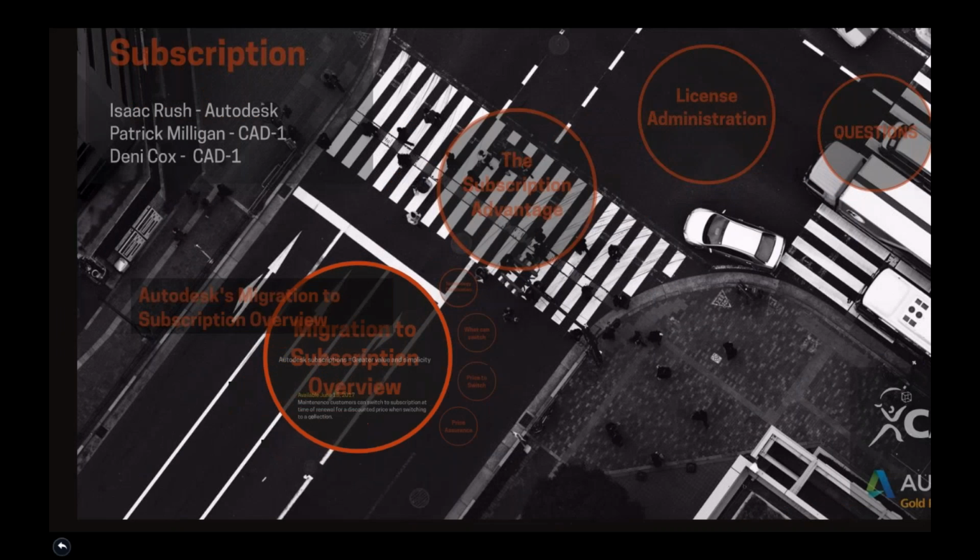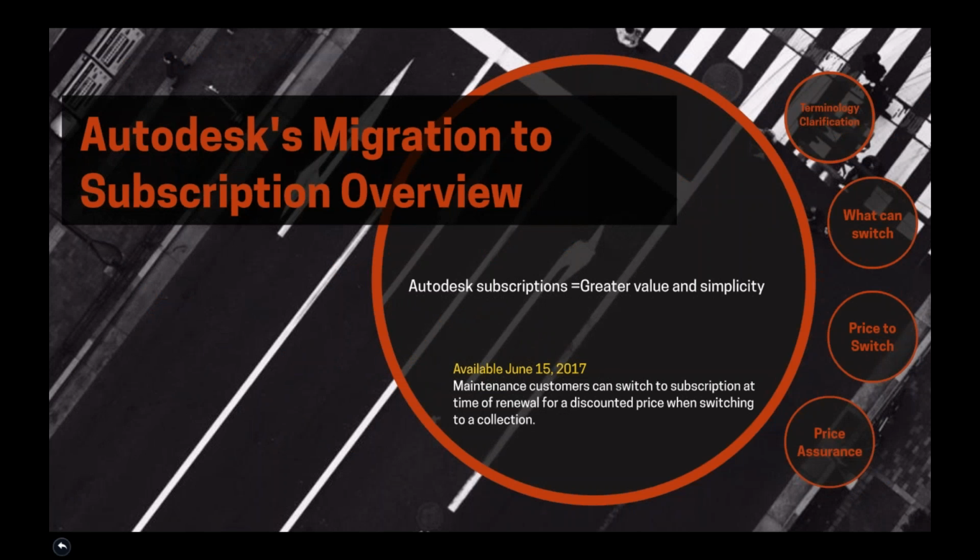So what I'm going to do here is start with a general overview, and then we can get dialed in more on the finite details here in a bit. Much like what you've seen with other companies in the software industry, Autodesk is looking to move to one model, and that is a term-based license model. A term-based license is going to be one that is not necessarily owned by the user.